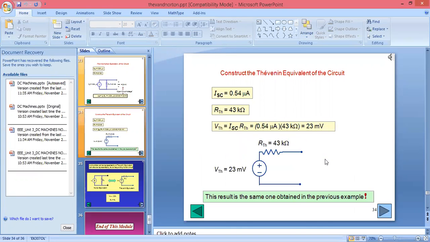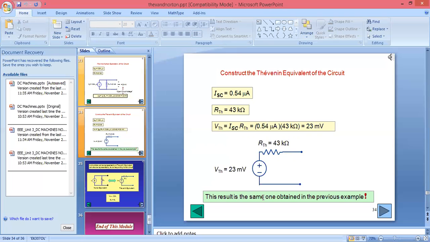Here we have finished how to find the Thevenin voltage, how to find Norton's current, and how to find the Thevenin equivalent resistor. When you get the values, you can draw the diagram and write the answers. This result is the same as we obtained in the previous example by using the Thevenin equivalent circuit.